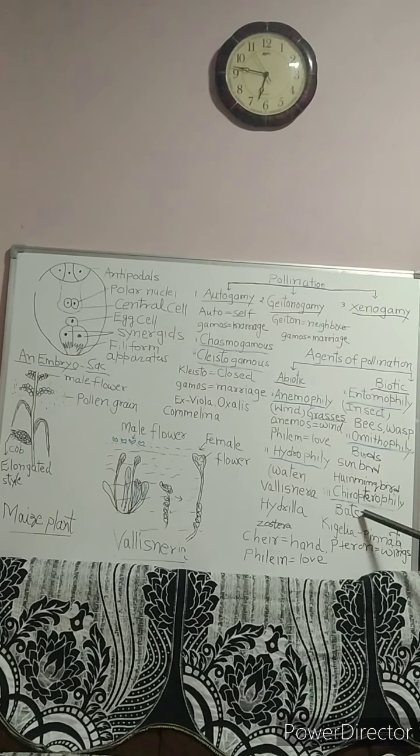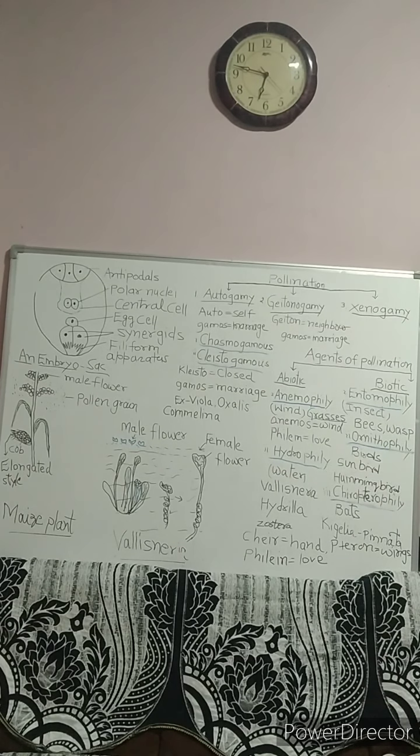Chiropterophily, it is bat pollinated plant. Chiro means hand, pteron means wing, phily means love.